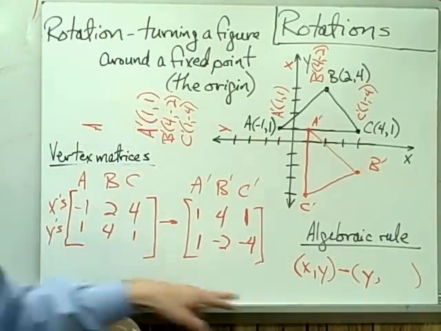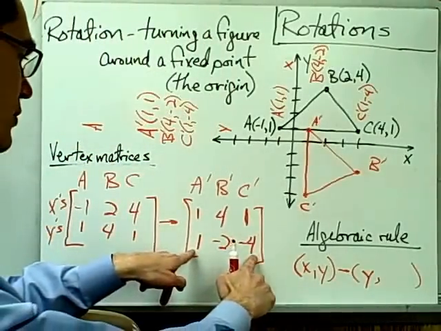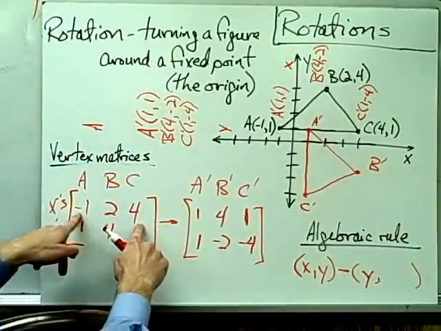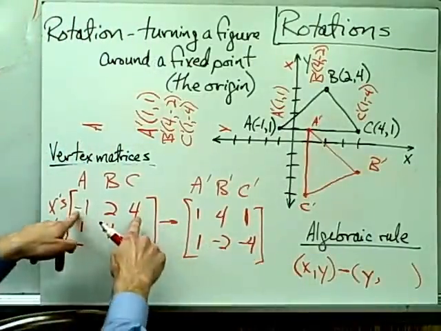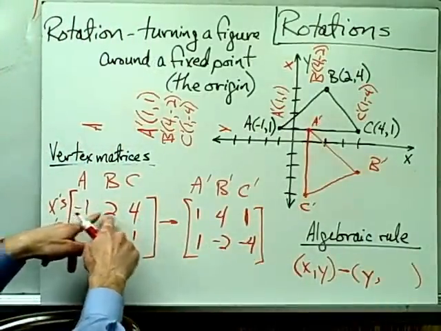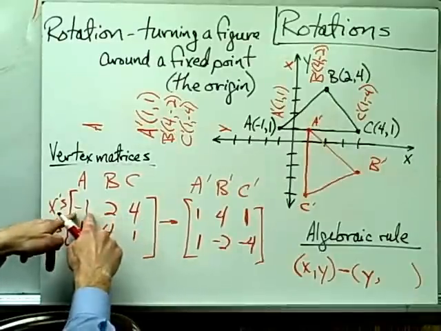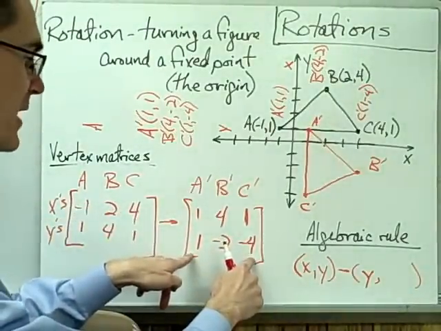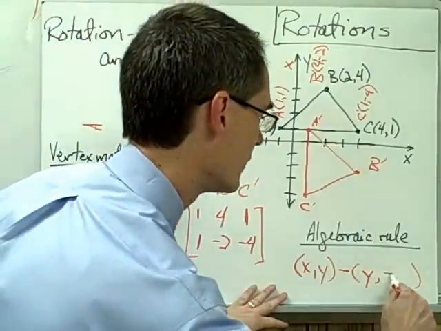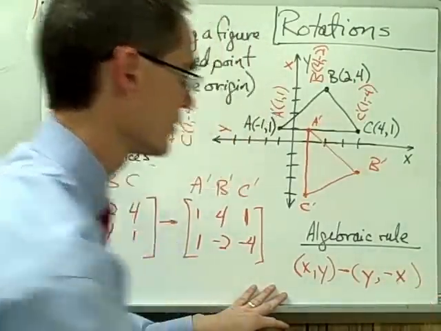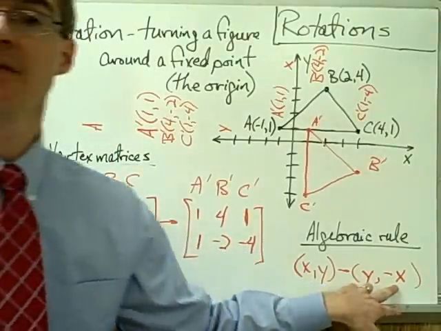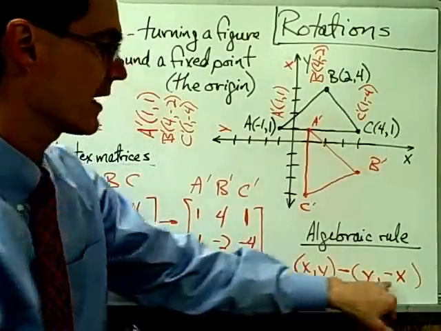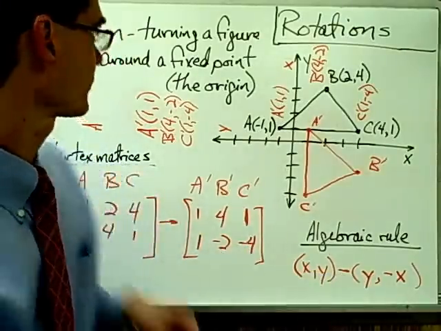My new y values look like my original x values, except they're all negative. So the negative of my original x values is my new y values. So now I have my algebraic rule: x, y becomes y, negative x.